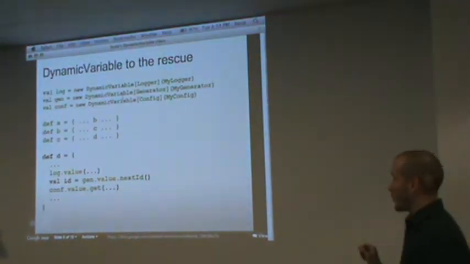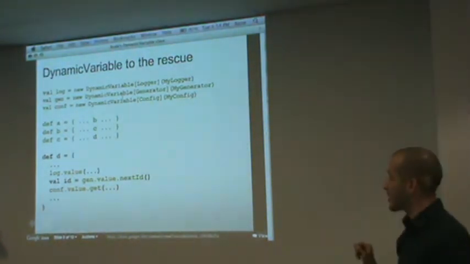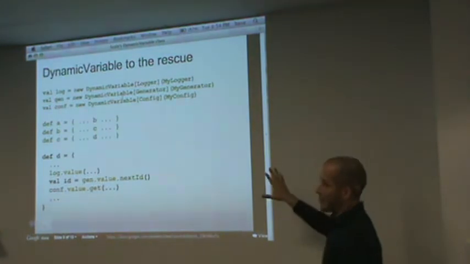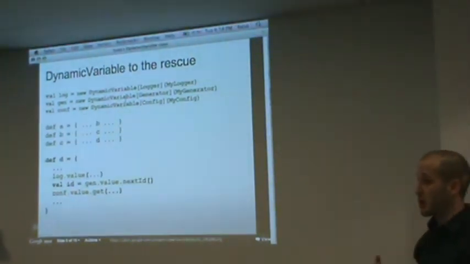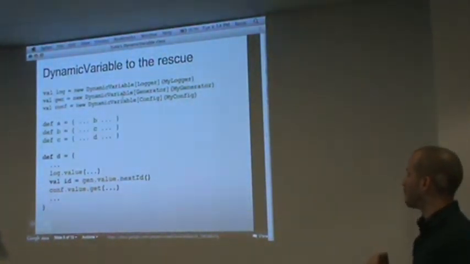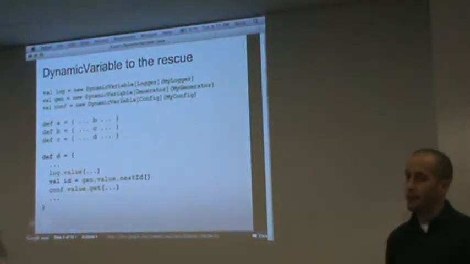Now, this may look very similar to the global variable solution, right? There is something global here, which is the identity of the dynamic variables. In this, it could be truly global, or it could just be defined in some enclosing scope that's not shown in this slide. But what we have gotten rid of is the globalness of the values that are stored here.